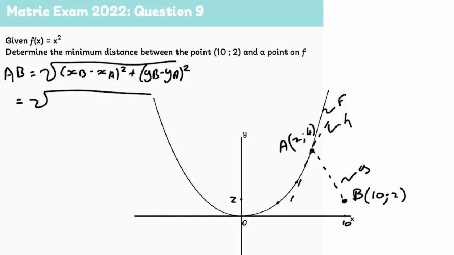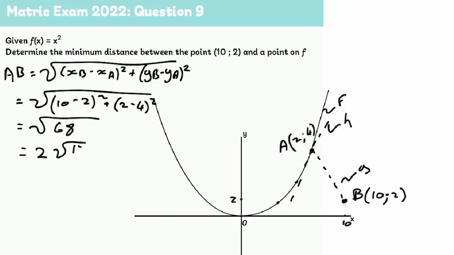It is pretty simple now. x of B is 10 minus x of A, which is 2, squared, plus y of B, which is 2, minus y of A, which is 4, squared. If you punch it into your calculator, you'll get the square root of 68, and that is 2 square root 17, which equals 8,25 units. The minimum distance between A and B is 8,25 units.